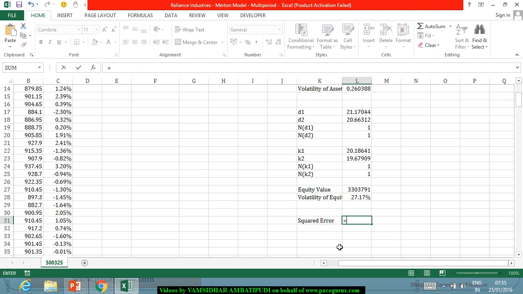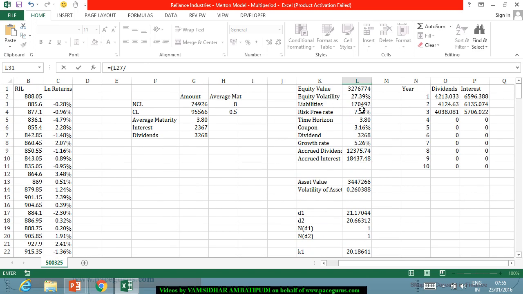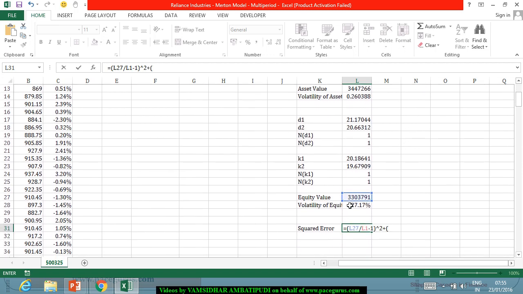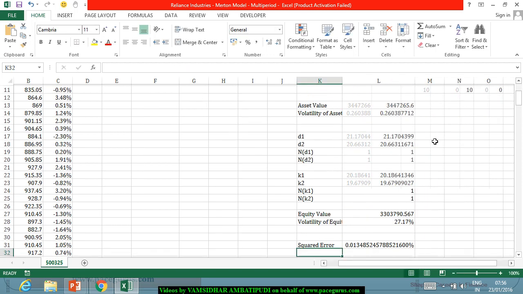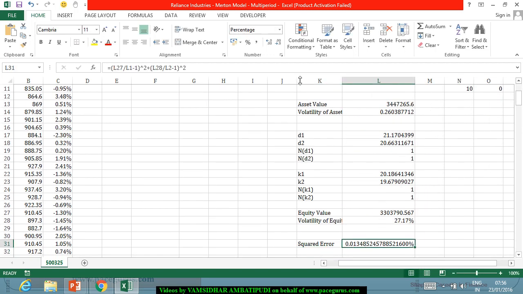While computing the squared error, I'm taking the value of the equity which we got through the Merton model, divided by the value of the equity that we are getting here, minus 1 squared. Similarly, I'm looking at the volatility as well. The volatility that I'm getting through my model versus the volatility of the equity that we got from the market, minus 1 squared.